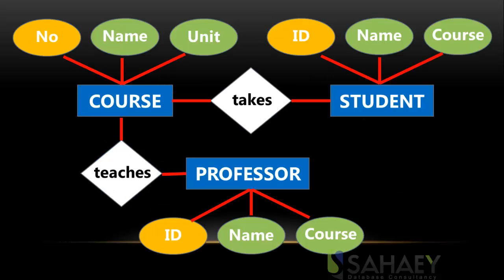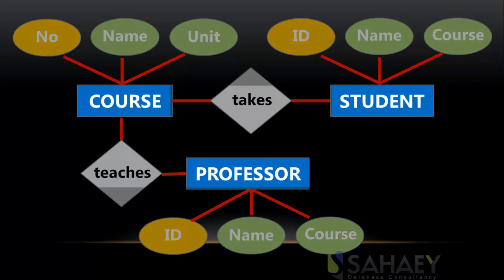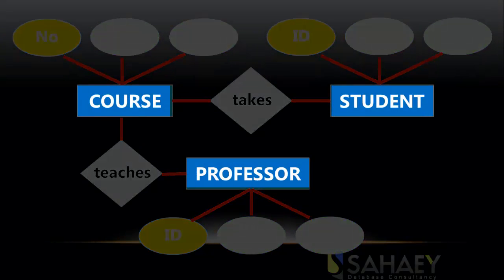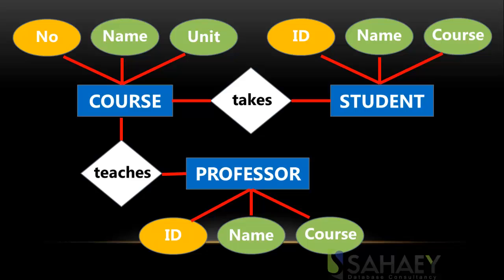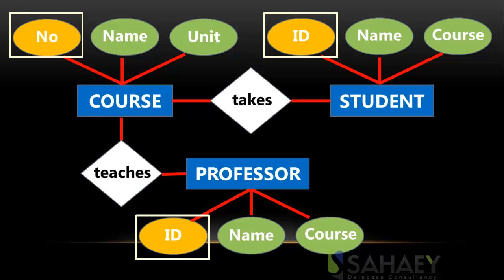Here is a very simple university ER diagram with 3 entities, their attributes, and the relationship between the entities. As shown, each entity has a key attribute, which is the unique distinguishing characteristic of the entity. For example, the ID number is a student's key attribute.